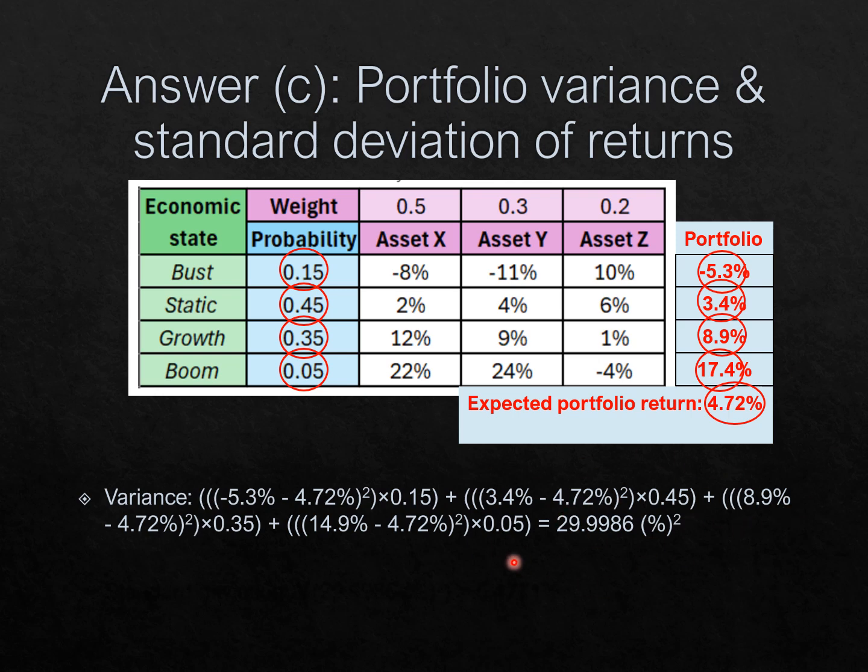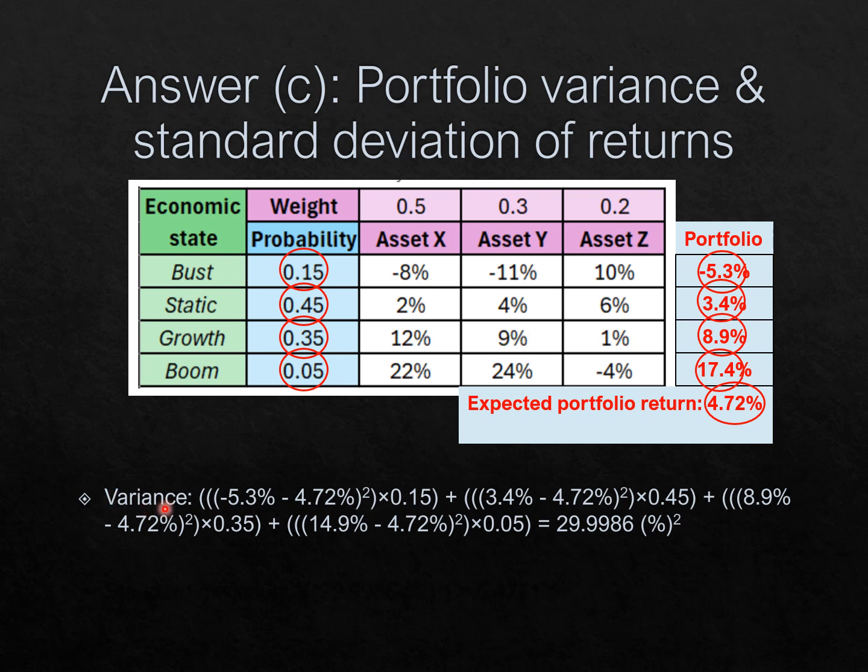So it's 29.9986%. When you add all the weighted squared deviations, it becomes 29.9986 percentage square. This is the variance of returns for the portfolio.